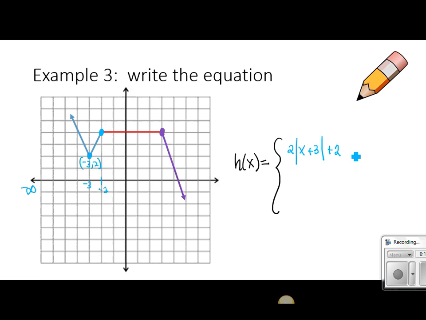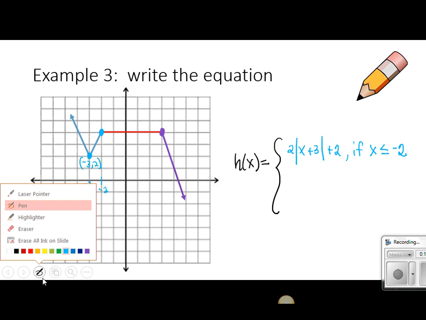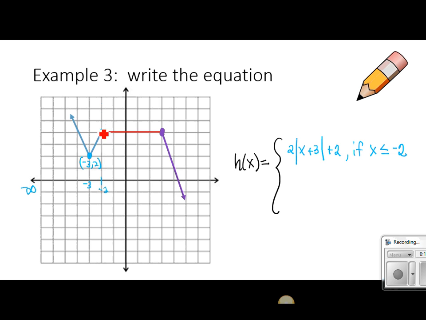So if x is less than or equal to -2. And then I'm going to do the red graph. Again, that's a horizontal line, so it's a y equals, and that's at 1, 2, 3, 4. And then that's between -2 and 1, 2, 3.